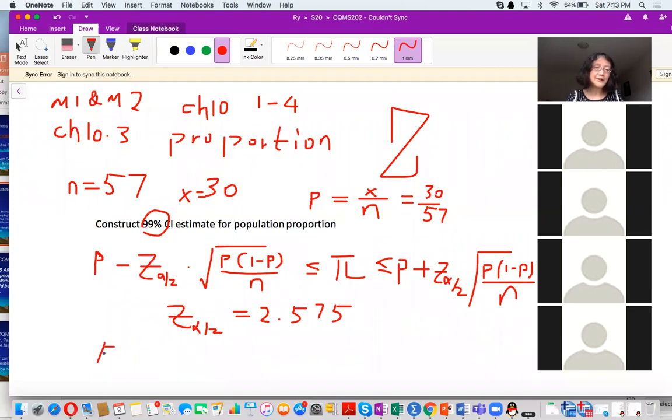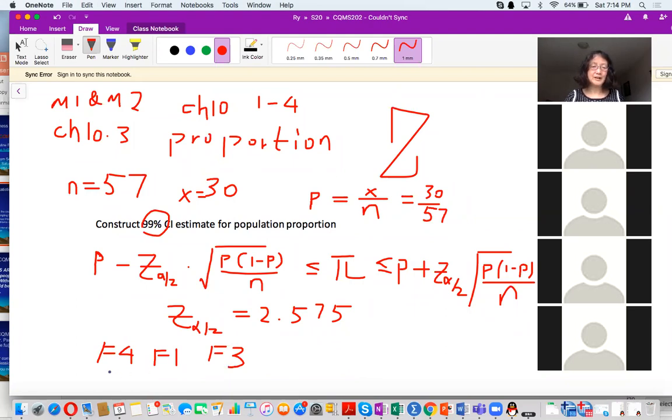Okay, so you press F4, interval, F1, Z, and then F3, 1P means 1 proportion.